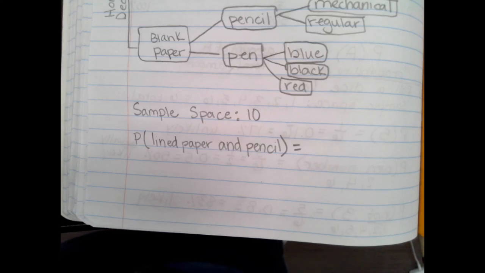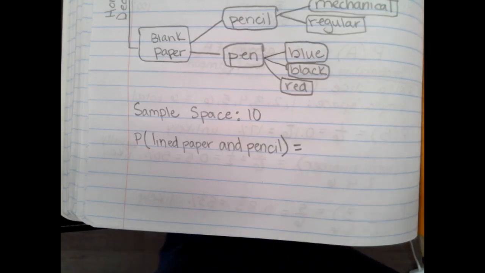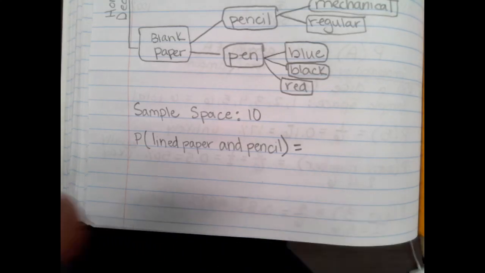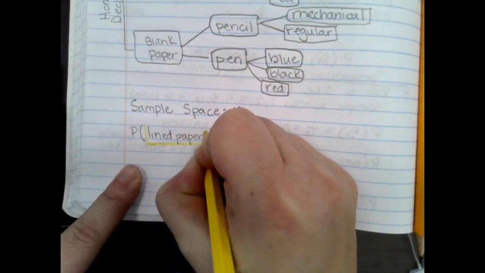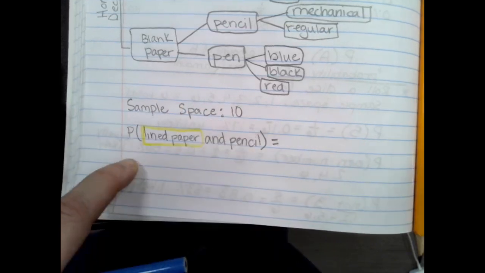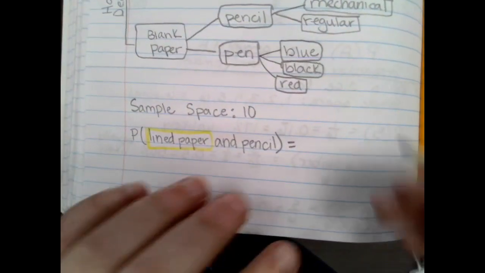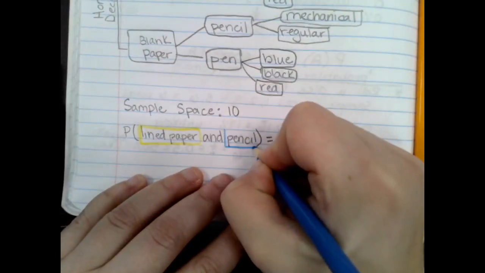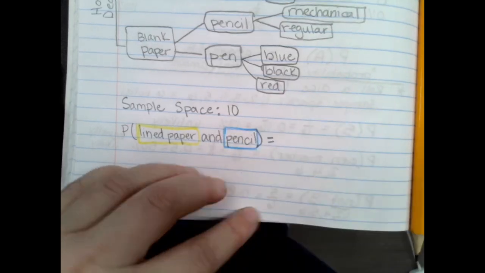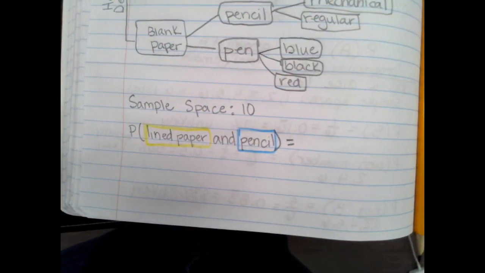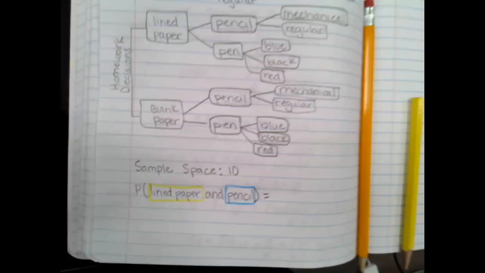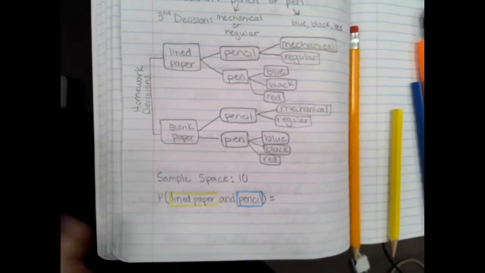All right, a couple of things here. I'm going to use those two colored pencils that we picked up earlier. I'm going to use one color for lined paper, and I'm going to use the other color for a pencil. And then I'm going to go back up to my diagram and shade those in where I see them.